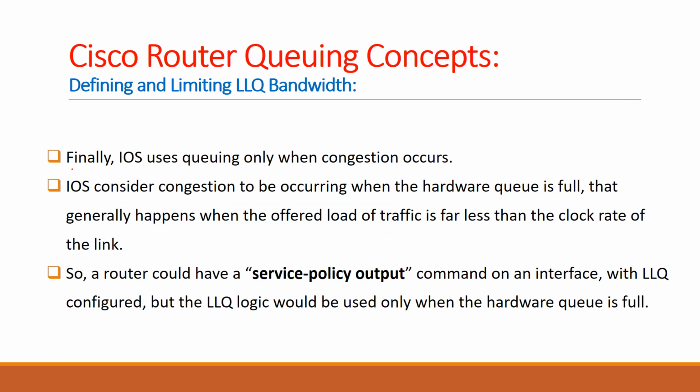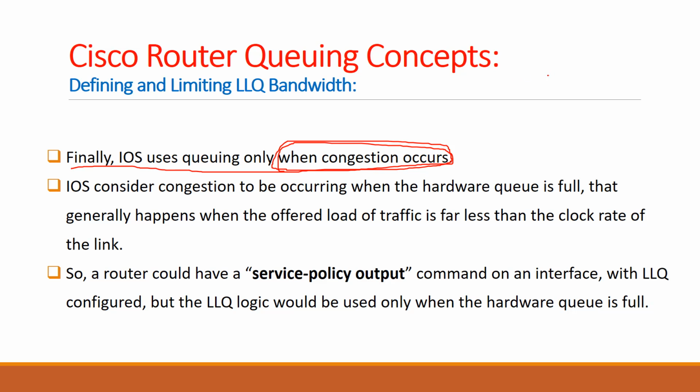So finally, IOS uses queuing only when congestion occurs. If there is no congestion, the IOS queuing tool will not have any benefit, because it can be used only when congestion occurs.